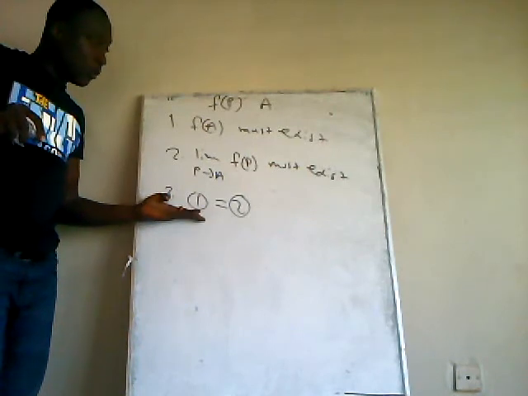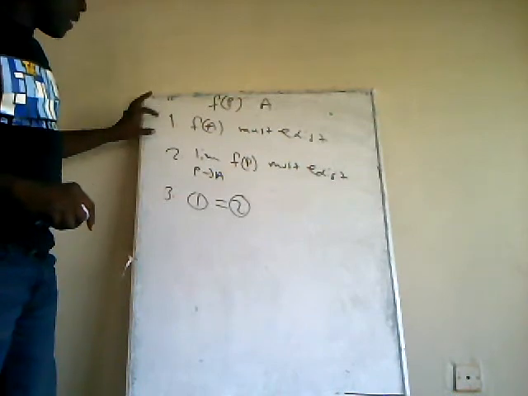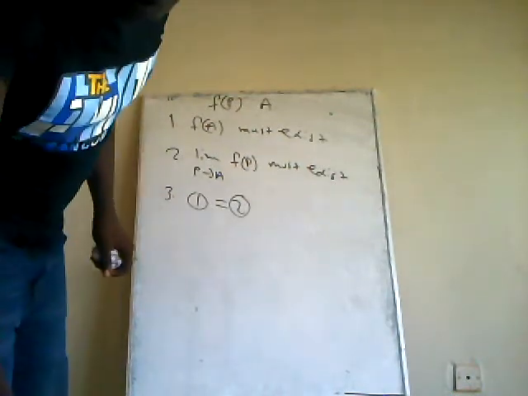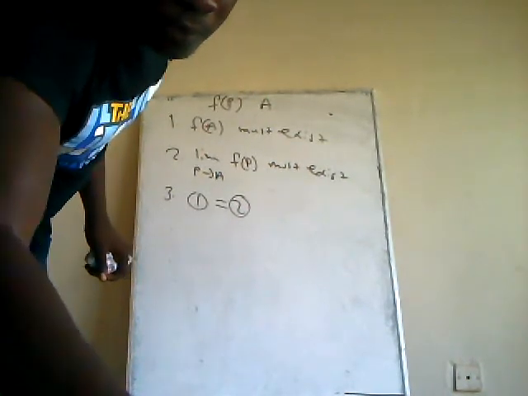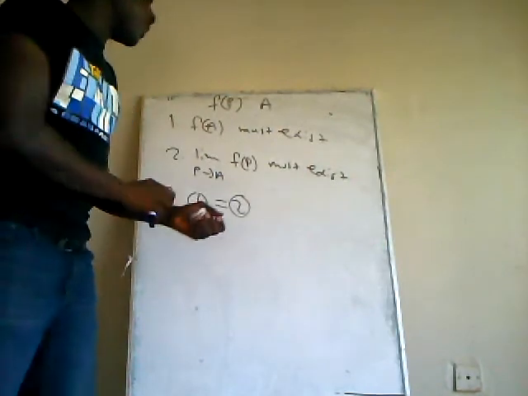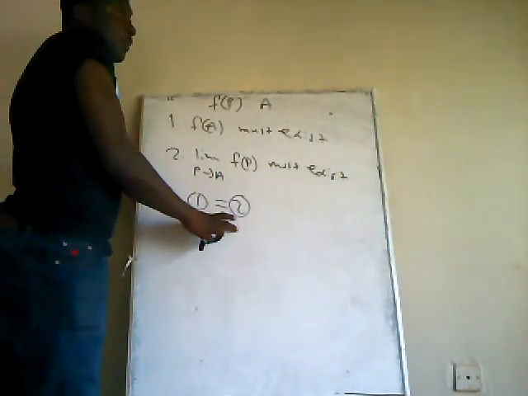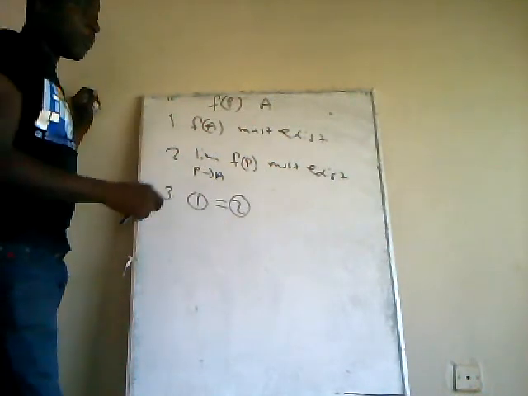We can remove the discontinuity. Let me take it again. If both exist and the two are not equal, the discontinuity can be removed, so we say that the discontinuity is removable.